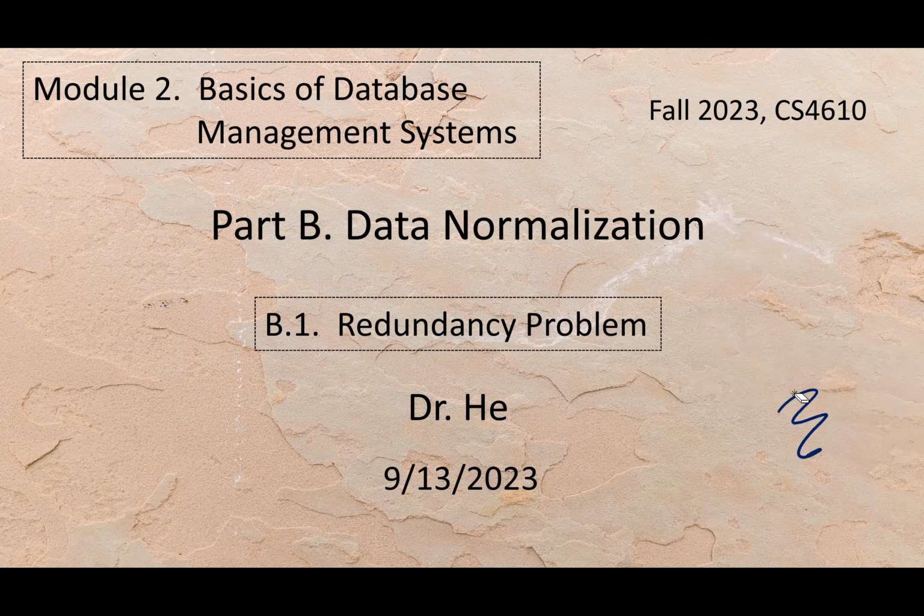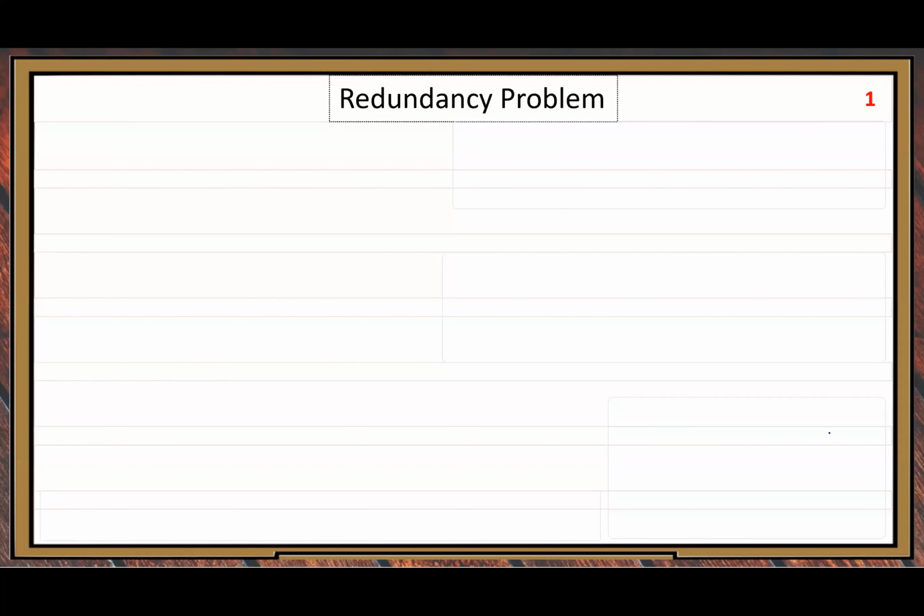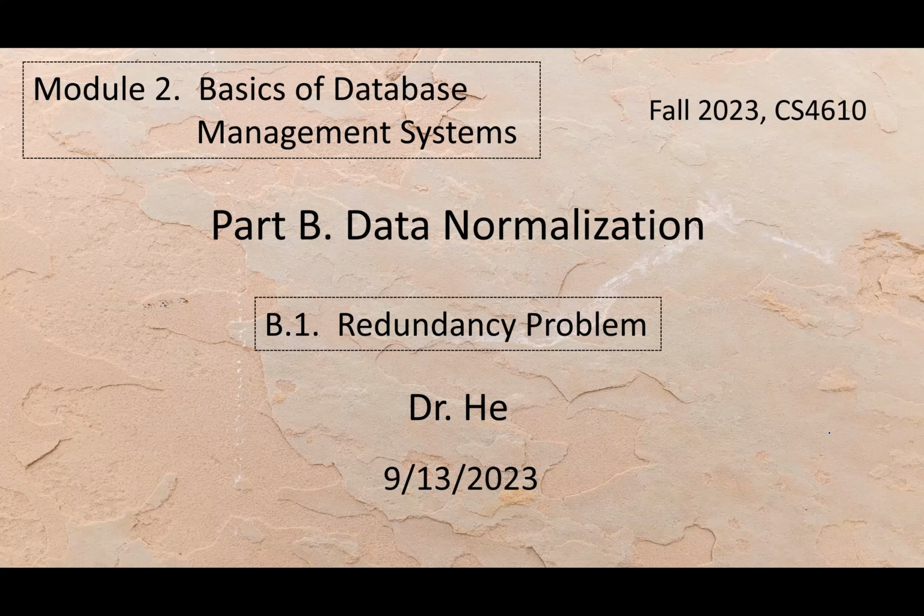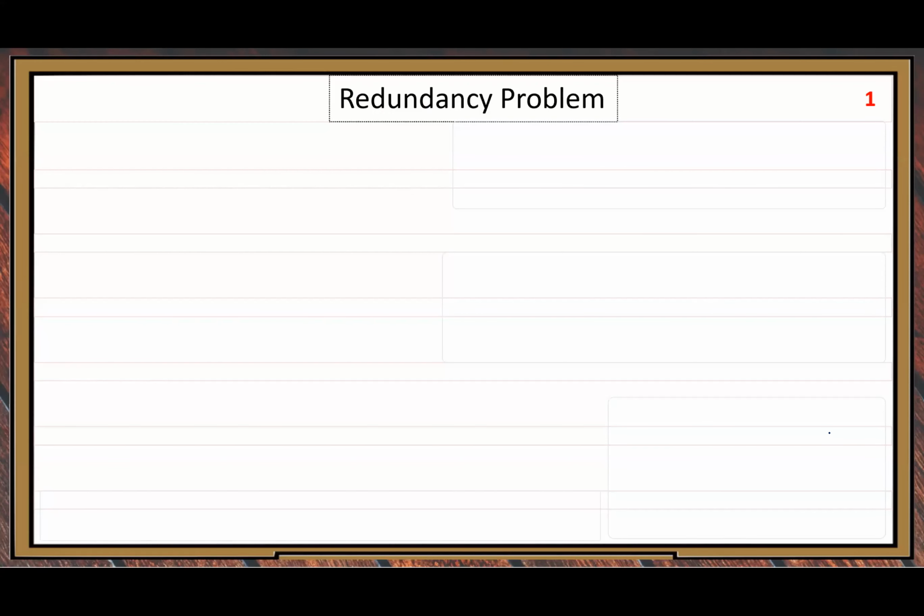All right. B.1, redundancy problem. In our database design, we may need to deal with this kind of redundancy problem. Let me describe it first. Storing the same data multiple times. Because you may have several tables.